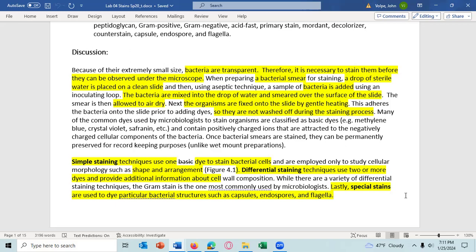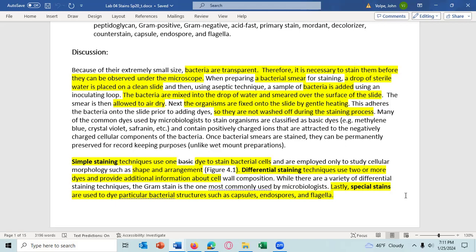But you cannot tell differences between the cells except if they have a different shape or cellular arrangement. A differential staining technique usually uses 2 or more dyes to provide additional information about the cell, and it can differentiate between 2 different cells.